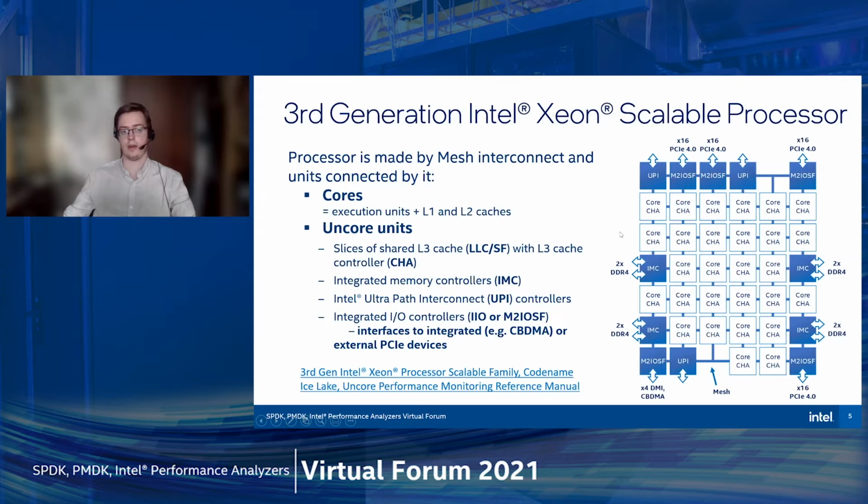And also we have integrated memory controllers, which connect the processor to the DRAM. We have Intel UPI controllers, which make cross-socket interconnect possible. And eventually we have integrated I/O controllers, which drive interactions between CPU and I/O devices, internal devices like CBDMA, or external devices that can be plugged into the PCIe slots on the motherboard.